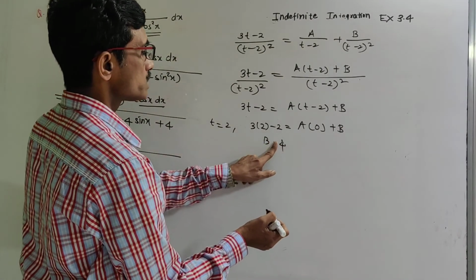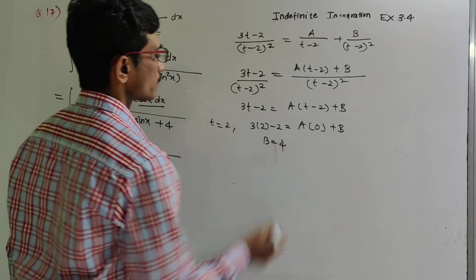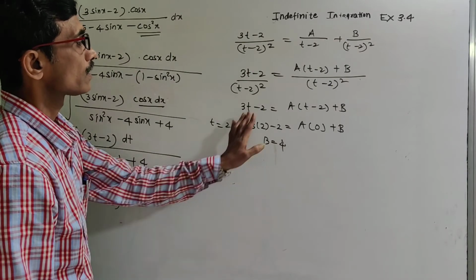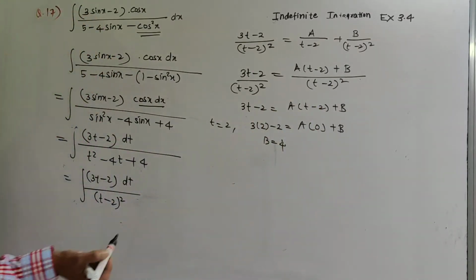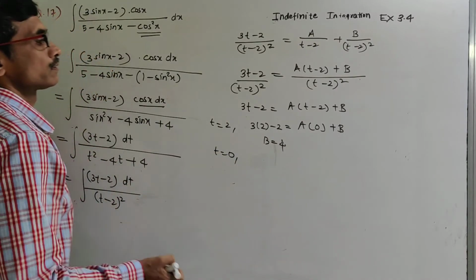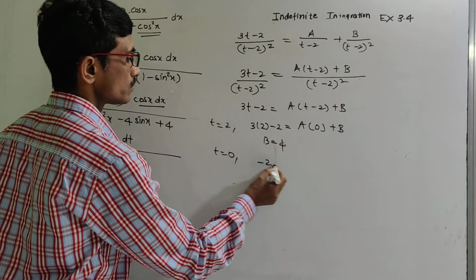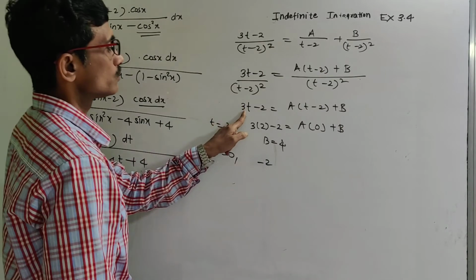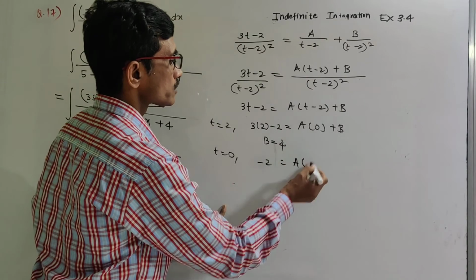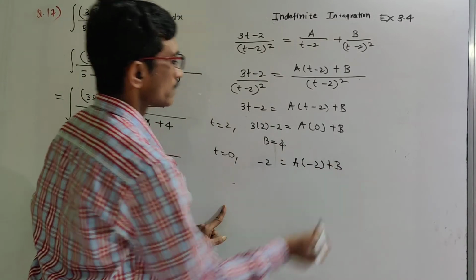Then whatever we put, t is equal to 0, then this is minus 2, here minus 2 and here a into 0 minus 2 plus b.